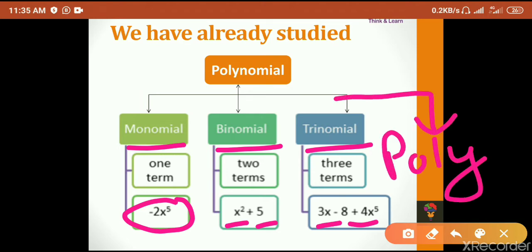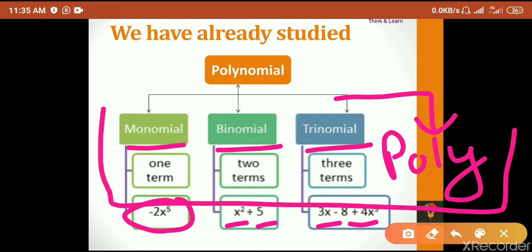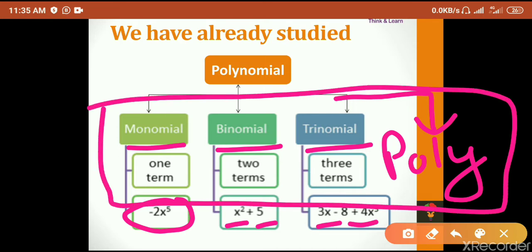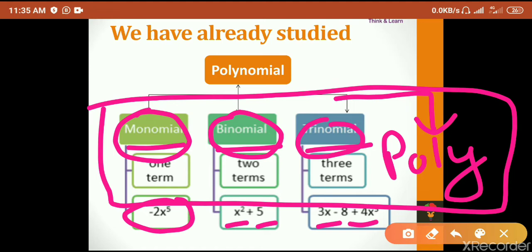But don't forget, all such terms are polynomials, but we have just a specific name. Monomial is not different from polynomial. Monomial is a type of polynomial, binomial is a type of polynomial, trinomial is a type of polynomial. If we have more than three terms, we have not made any general name, we are just using the name polynomial. I hope this is clear.